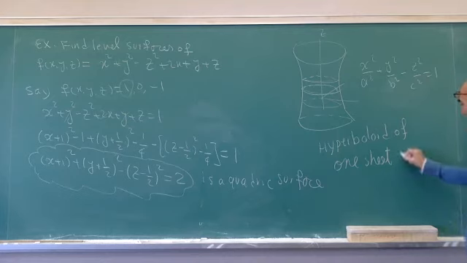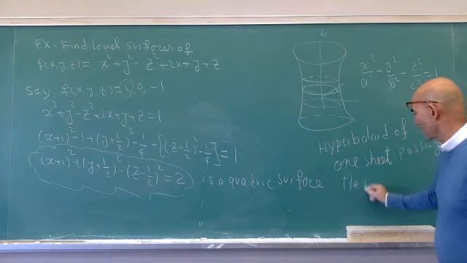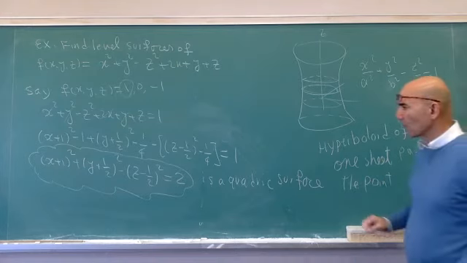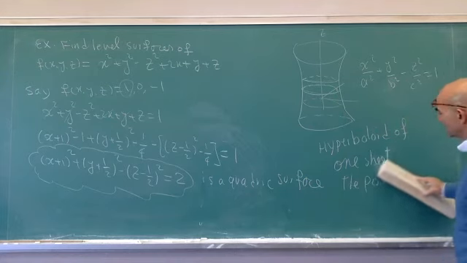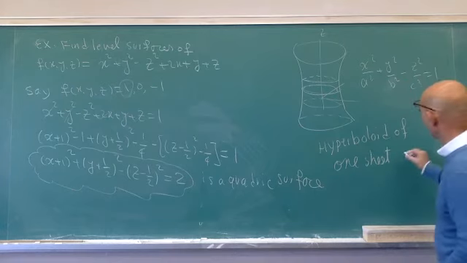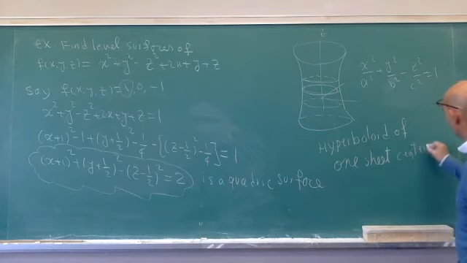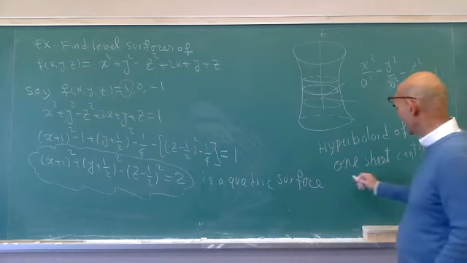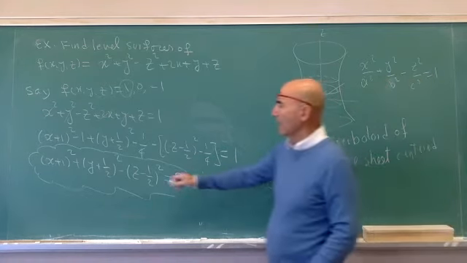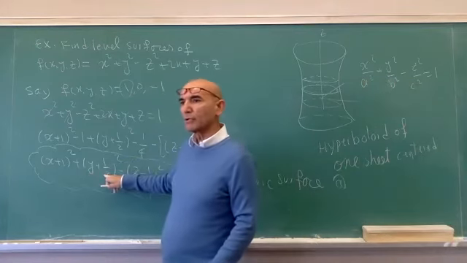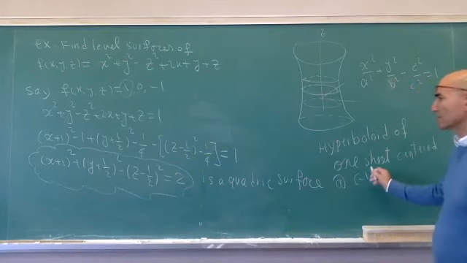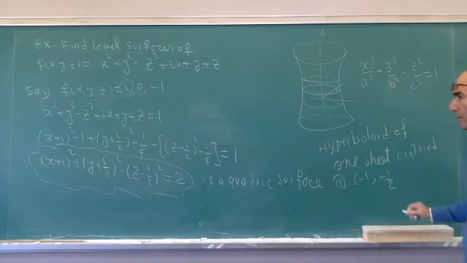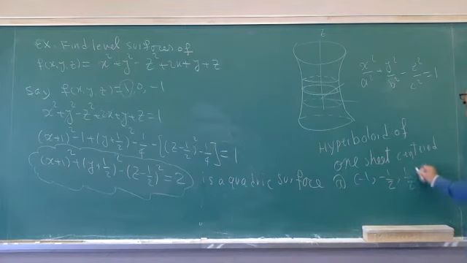Centered at, well, passing through is not correct, and center is also not very correct, but I just write it. x equal to -1, y equal to -½ and z equal to ½.